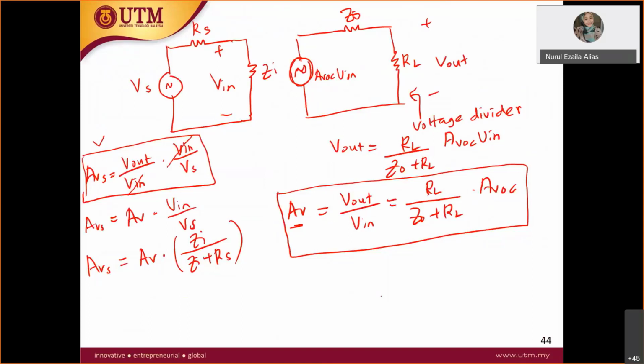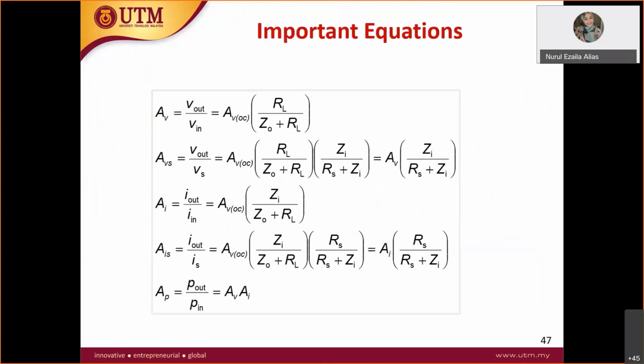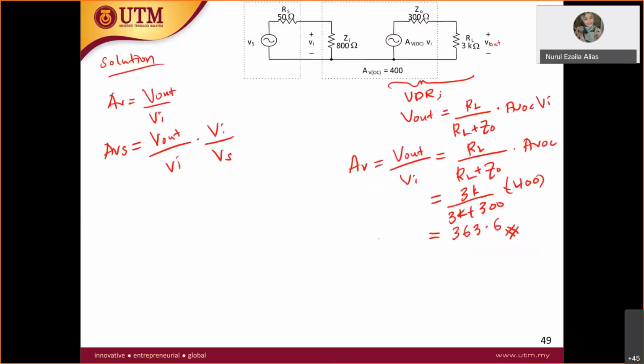Why do I want to use this? Because I already have this value, AV, so it's just a matter of manipulating the other equation. Now the problem is V in over VS. Where to get it? From the input, you also apply the voltage divider rule.